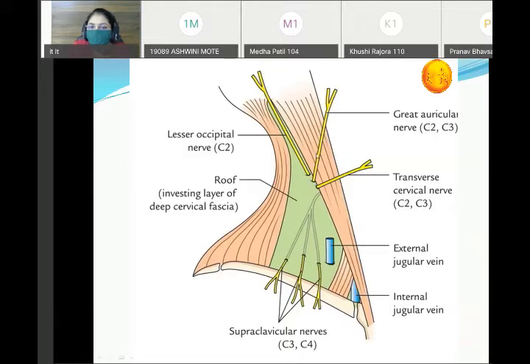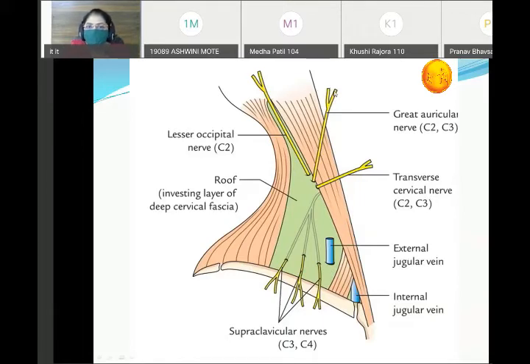Great auricular nerve, which is the largest cutaneous nerve. It runs upward over the parotid region. Long back in the parotid gland, we have studied the Frey syndrome, where you can see this nerve which supplies the skin over the parotid gland.